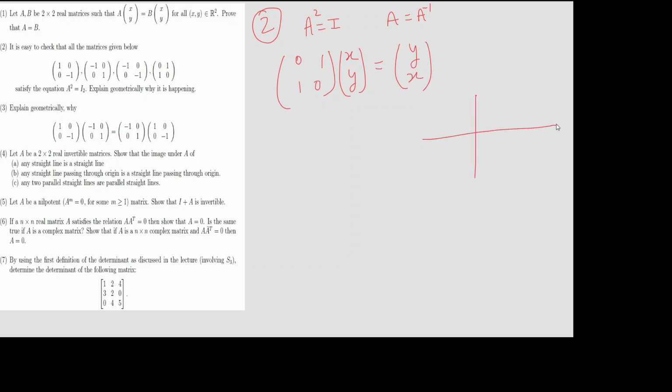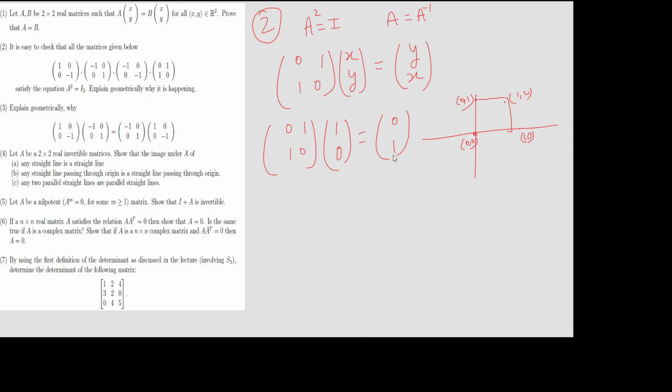What does it mean? Suppose you consider the x-axis and y-axis, let's say this is (0, 0), this is (1, 0), and this is (0, 1). What will happen to all these points under this transformation? So (0, 1) will be transformed to (1, 0) and (1, 0) will be transformed to (0, 1).